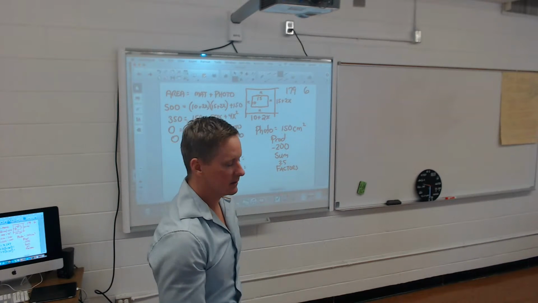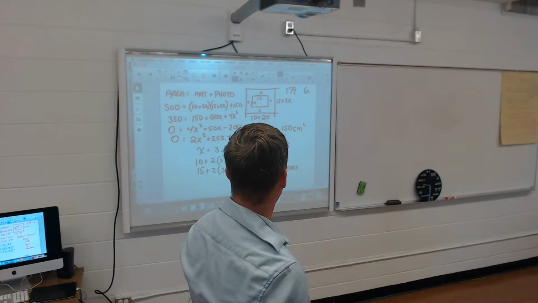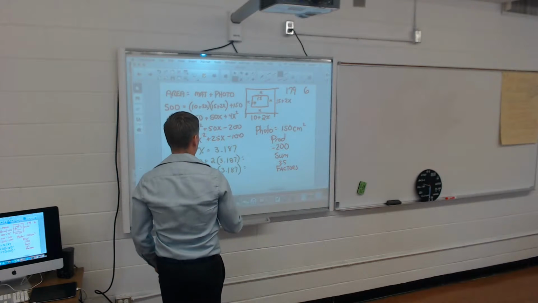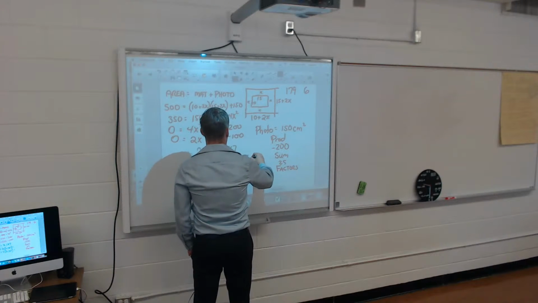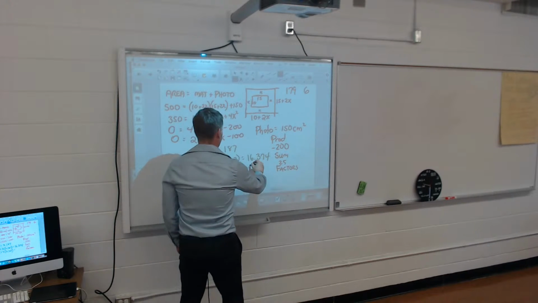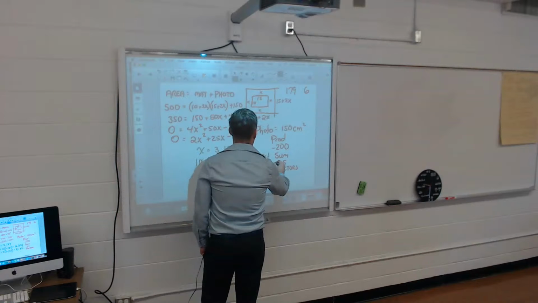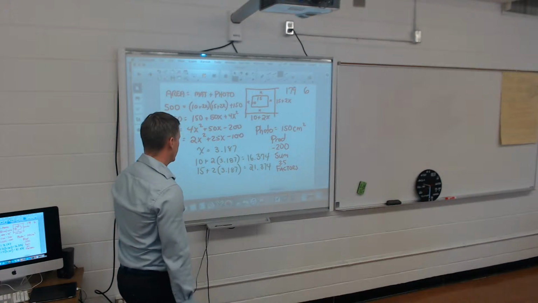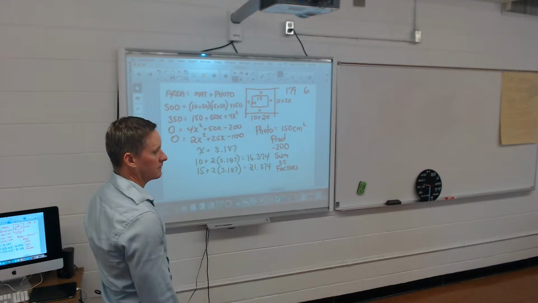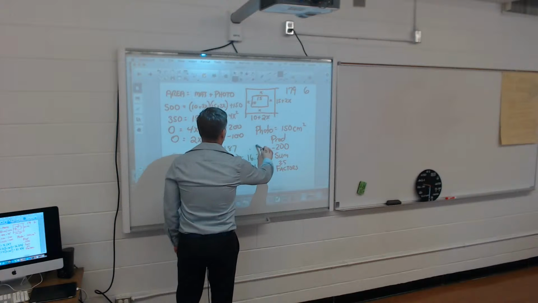Let's calculate that. I just want to see what those lengths and widths are. 16.374, and then 21.374. Multiply those together and what do I get? 350. Perfect, we got it right.